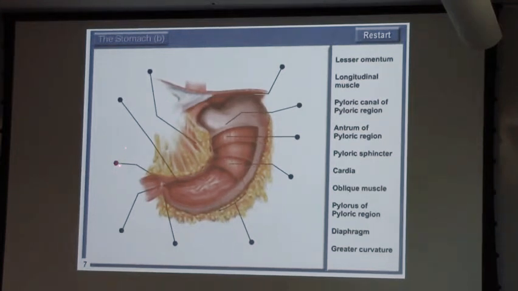Pyloric canal. Okay, well, this is probably the pyloric canal, pointing to this actual opening, the canal. So I would accept that. Go ahead and pass it on. So then would this be the pylorus?